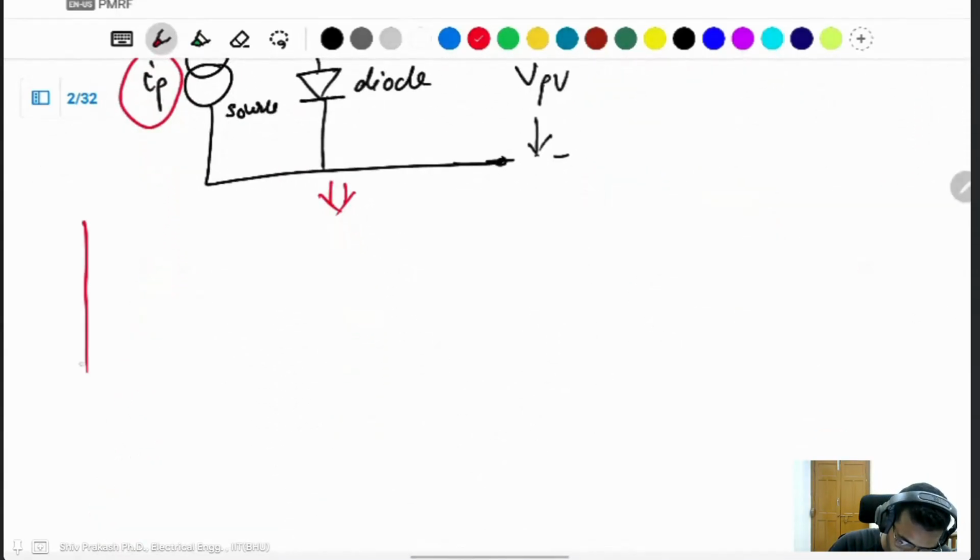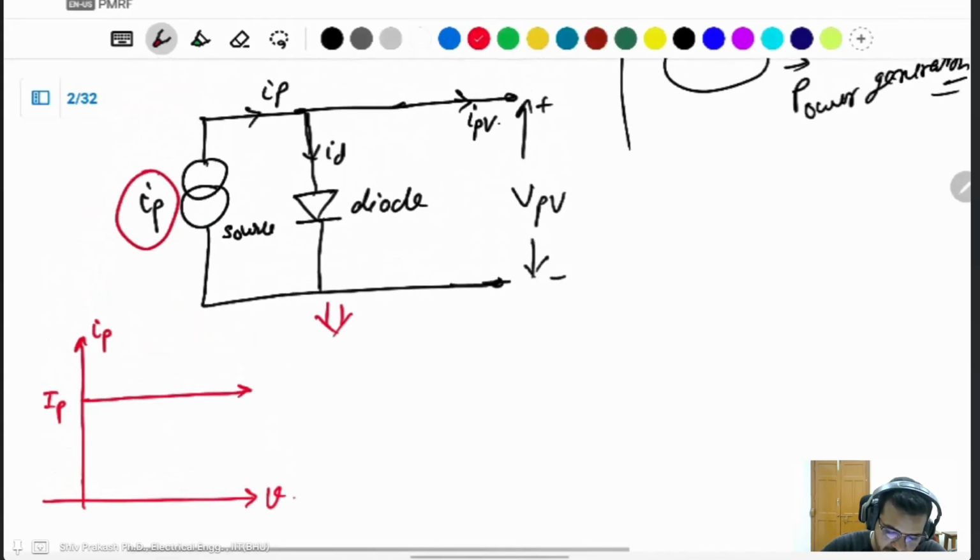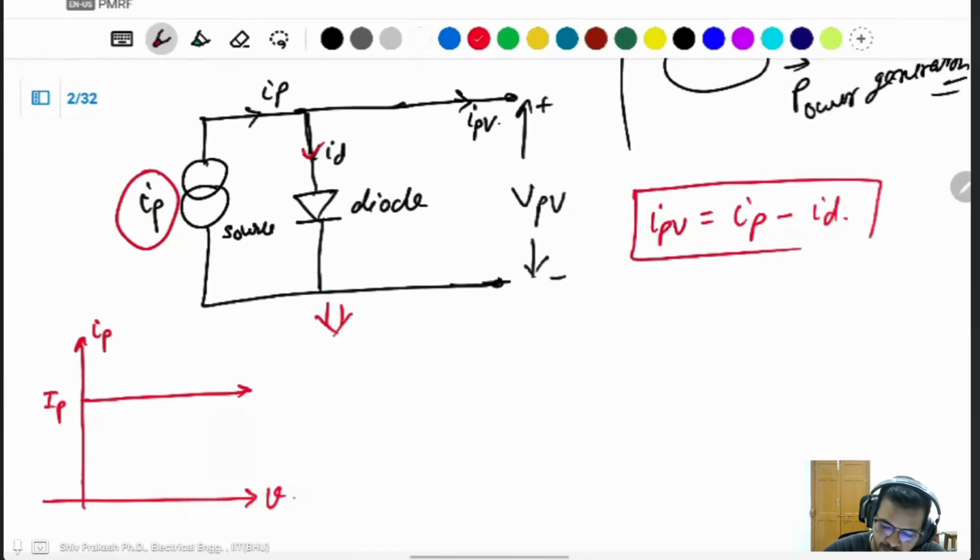I can represent this as a constant current source IP, and the diode current, so IPV is equal to IP minus ID.